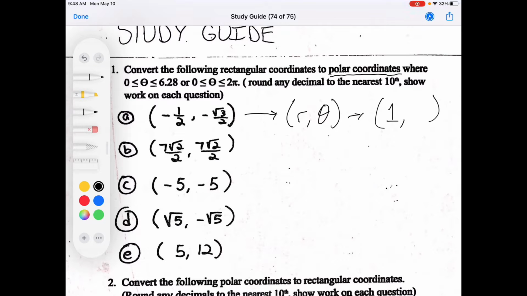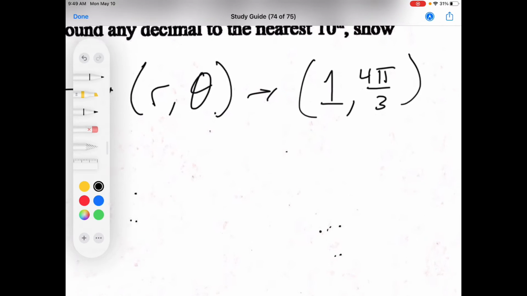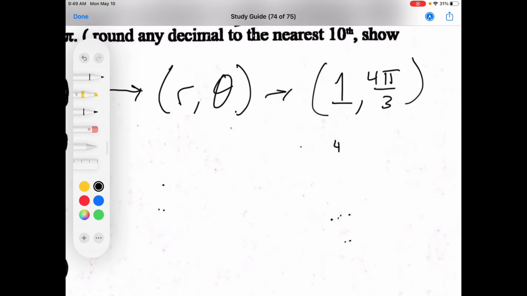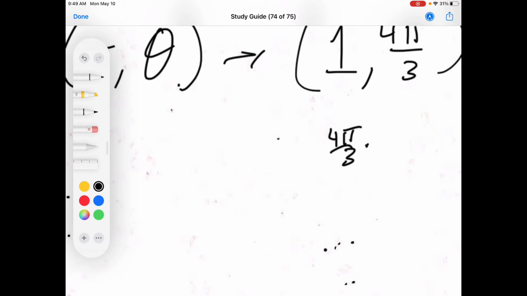So if you look at your unit circle, what is the radian in terms of pi? And that is 4 pi over 3. You can leave your answer like that. Or if you wanted to make that a decimal between 0 and 6.28, to make it a decimal, you just say 4 times 3.14 divided by 3.